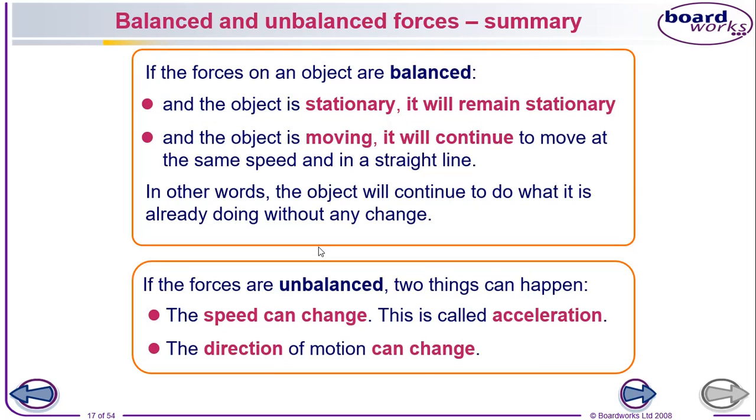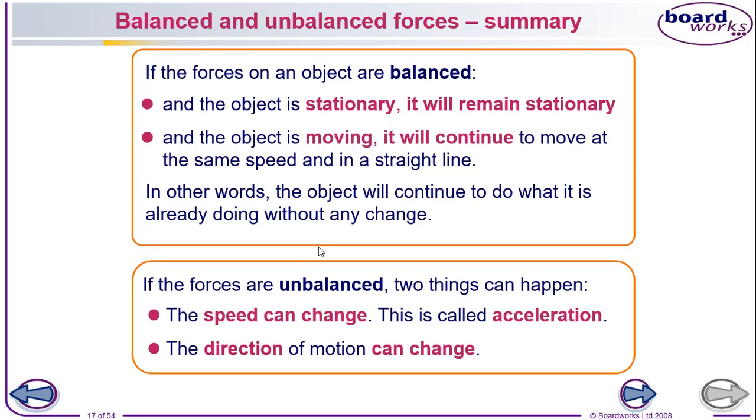Alright, so this is the summary of today's lesson. Again, this lesson is very important. This is the core lesson of forces, and almost all of the questions on forces are using this point to question about. So if the forces are balanced, there is no change in motion. If the object is stationary, it will remain stationary. If the object is moving at constant speed, it will remain moving at the same constant speed.